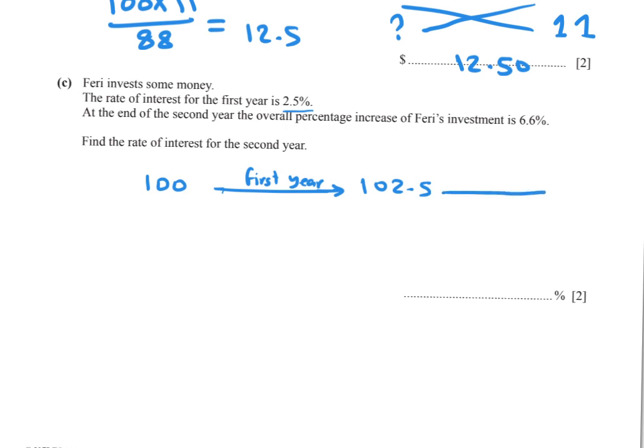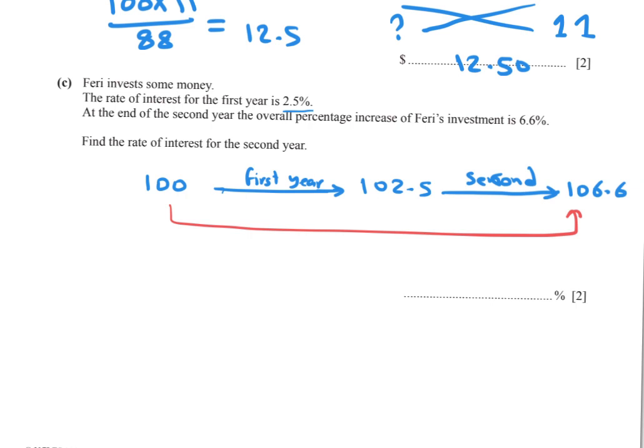In the second year, the overall percentage increase is 6.6, which means it becomes 106.6. So the overall percentage in the 2 years is 6.6%. We need to find the increase from 102.5 to 106.6.